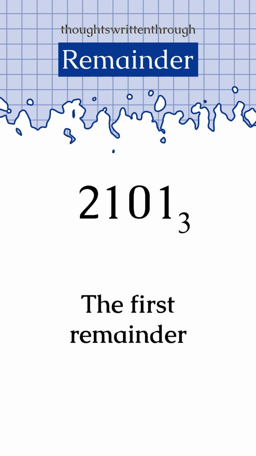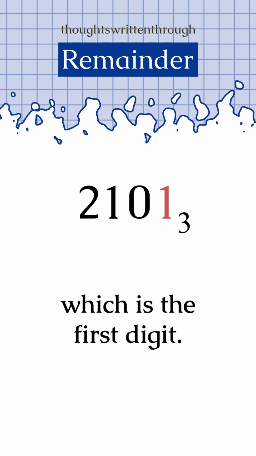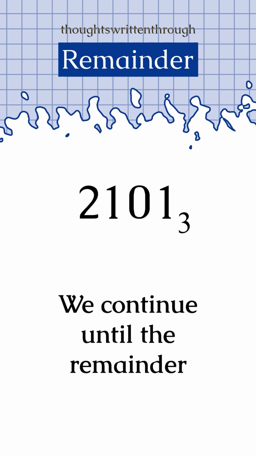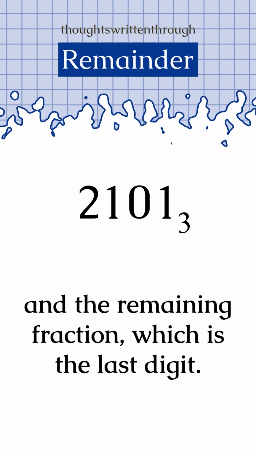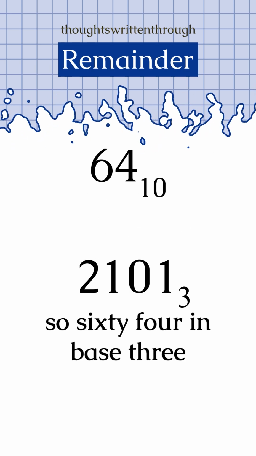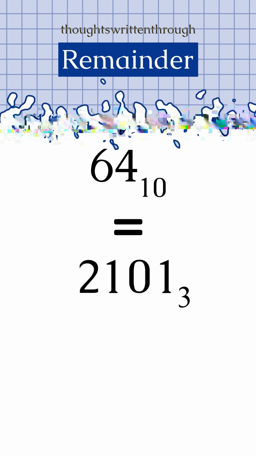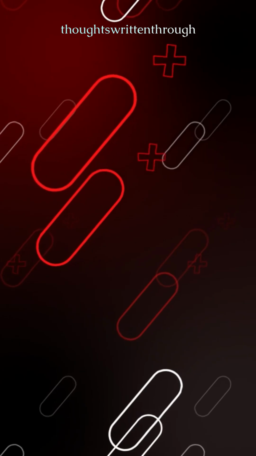The first remainder is the rightmost digit, which is the first digit. We continue until the remainder in the remaining fraction, which is the last digit. So 64 in base 3 is 2101. We can check if this is true by using the formula again.